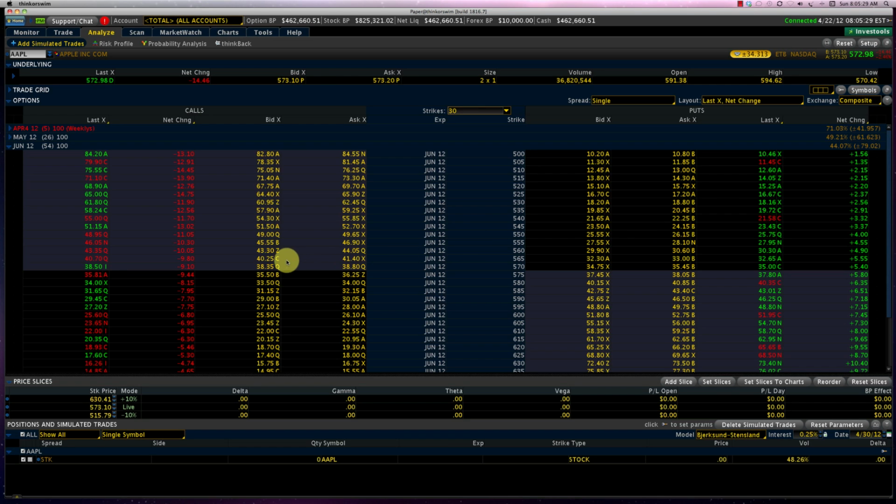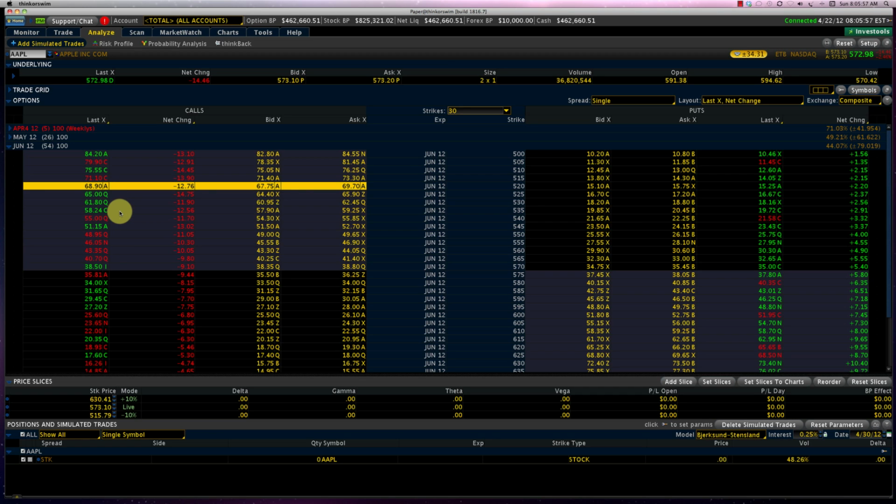We saw in the call options that the at-the-money call option for Apple was the 570 because Apple's current trading price was 572. And then the out-of-the-money that we looked at was the 625 call, which was shaded in black. And then the in the money that we looked at was the 520, which was going for about $69, and that was in the money.